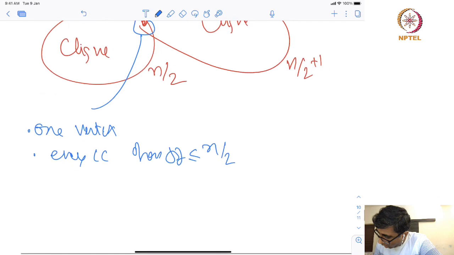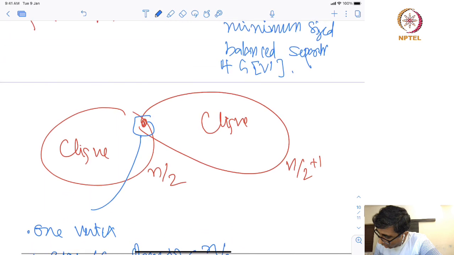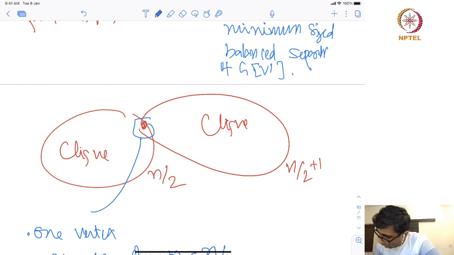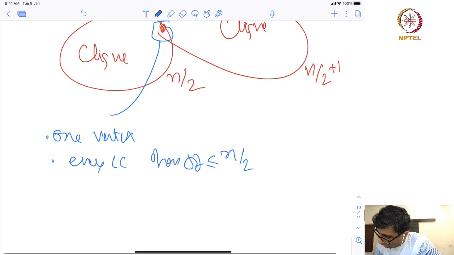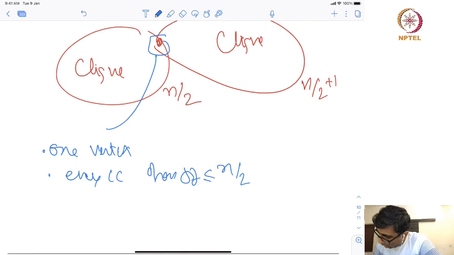So although the balanced separation number of G itself is 1, the balanced separation number of an induced subgraph could be much larger. What is the separation number of this graph? I claim it is at least n over 4, and you can check this out.